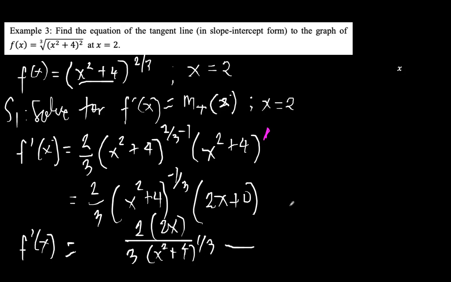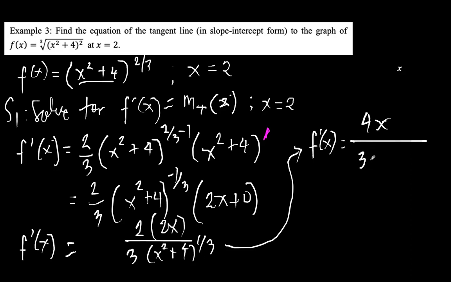Or we can rewrite this in this form: f prime of x, the derivative, equal to 4x over 3 times the cube root of x squared plus 4. Again, we're solving for f prime, or the slope, so we're not yet done.